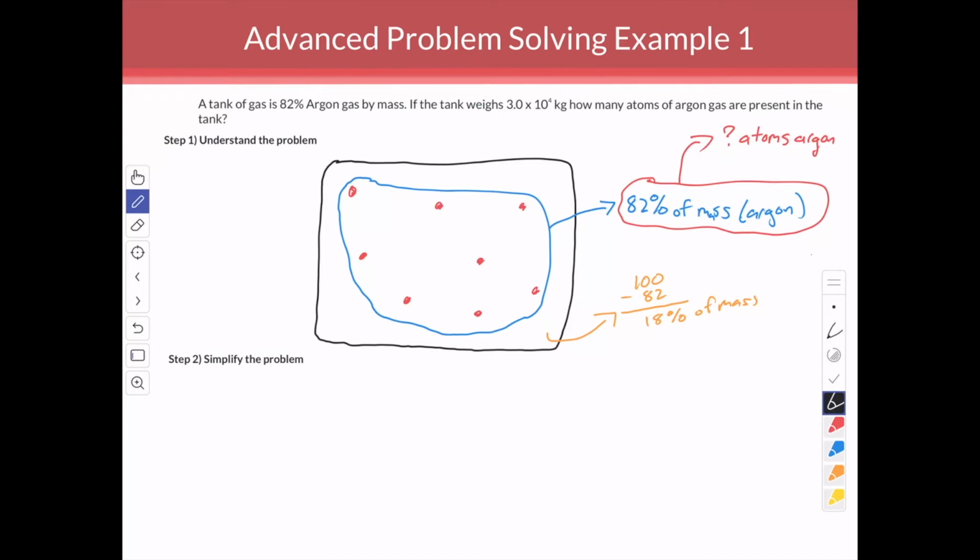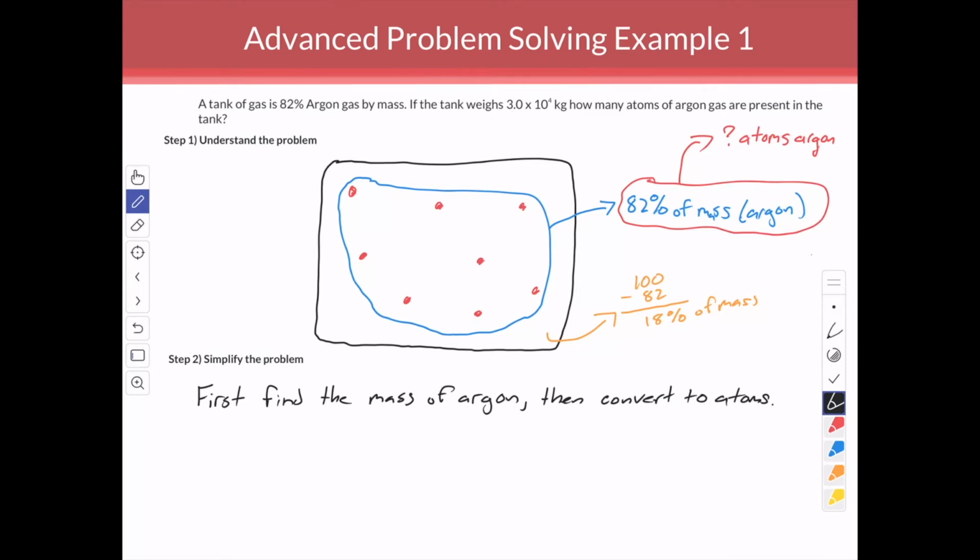So that's what I'm going to say. I'm going to simplify that in words. First, find the mass of argon, then convert to atoms.